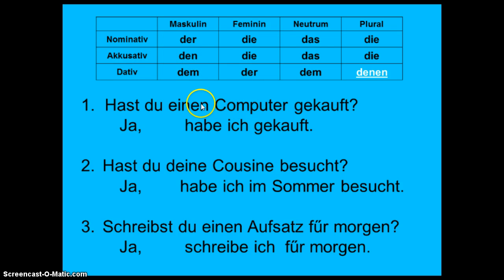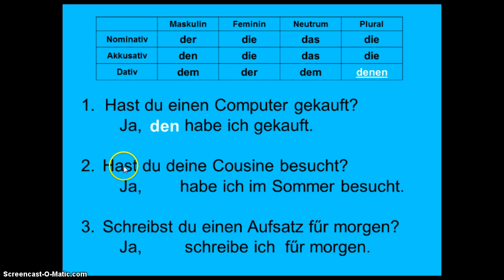Okay, this is the object being bought. Answers the question of a direct object. So when I answer the question, what would you say? I would choose ja, den habe ich gekauft. That one is the one I bought.